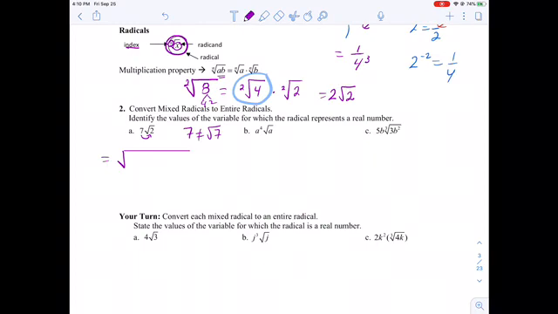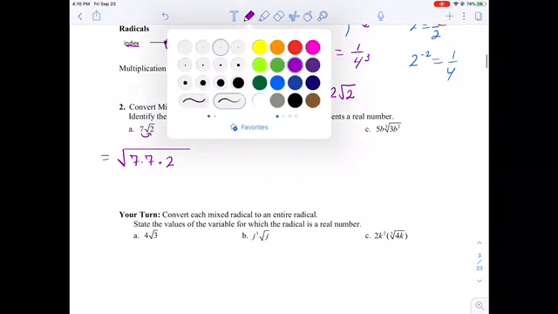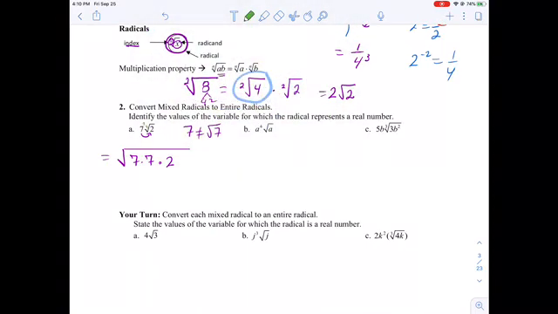Some of you can right away tell me that the square root of 49 is 7. If you're not sure, you can plug that in underneath the radical and you're going to multiply 7 by itself 2 times. Why 2 times? Because there is a little 2 here, right? There's a little invisible 2. So it's 7 squared times 2. That's 49 times 2, which is the square root of 98.